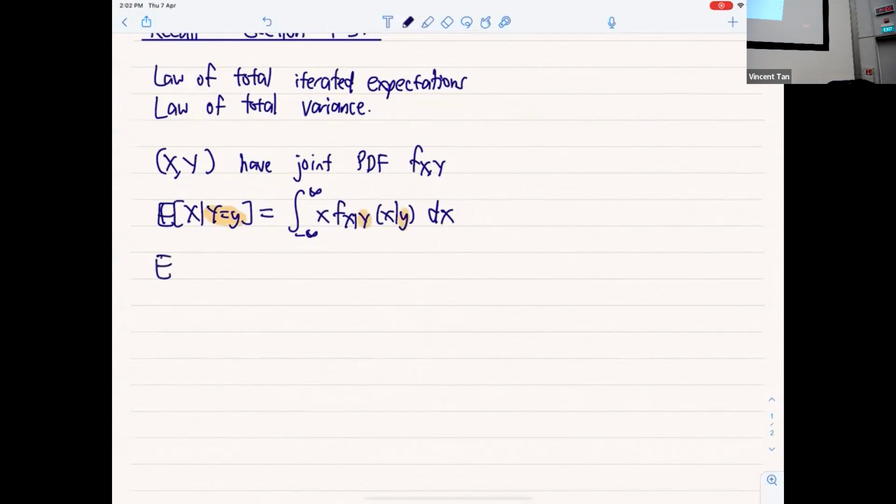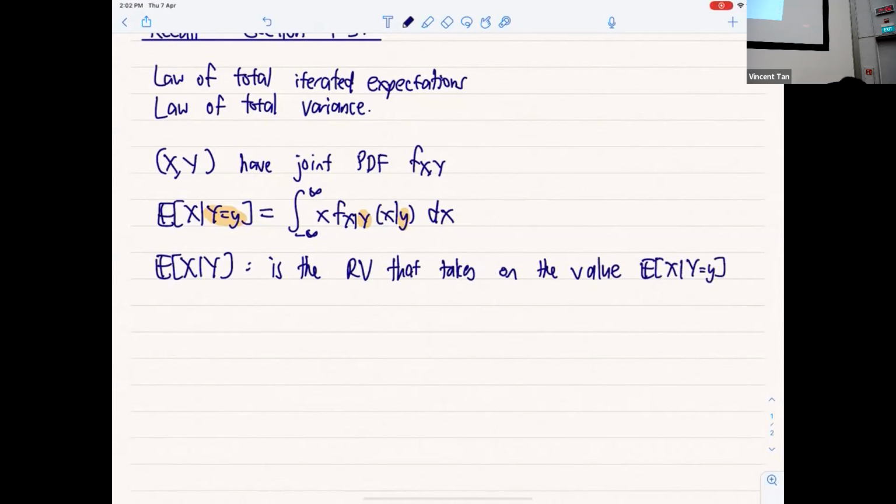Okay, so the conditional expectation as a random variable, when you're conditioning on a particular random variable Y, is the random variable that takes on the value expectation of X given Y equals y whenever Y is equal to y.